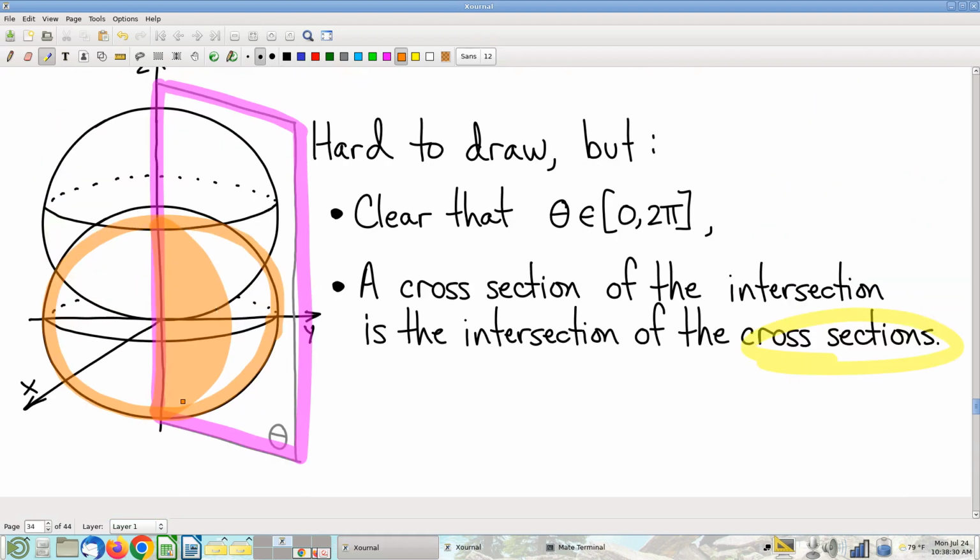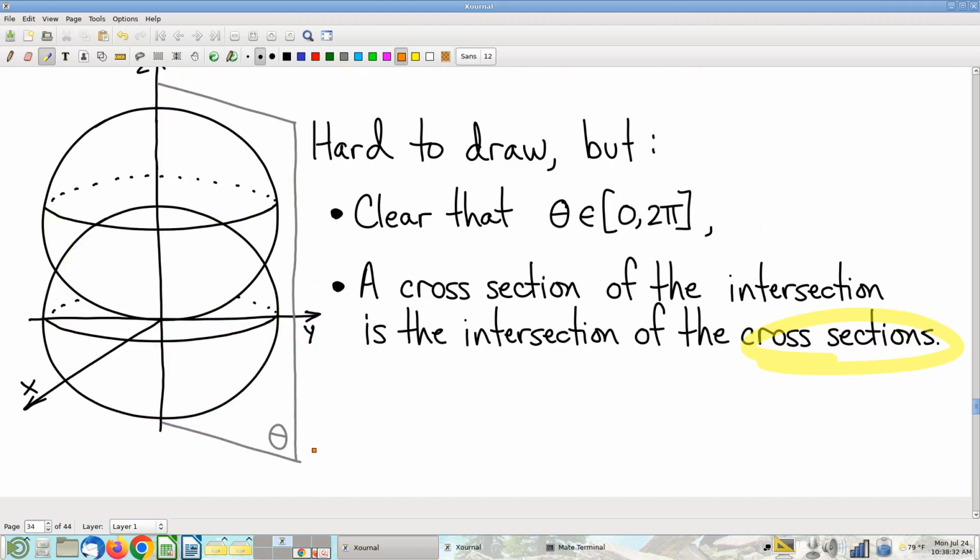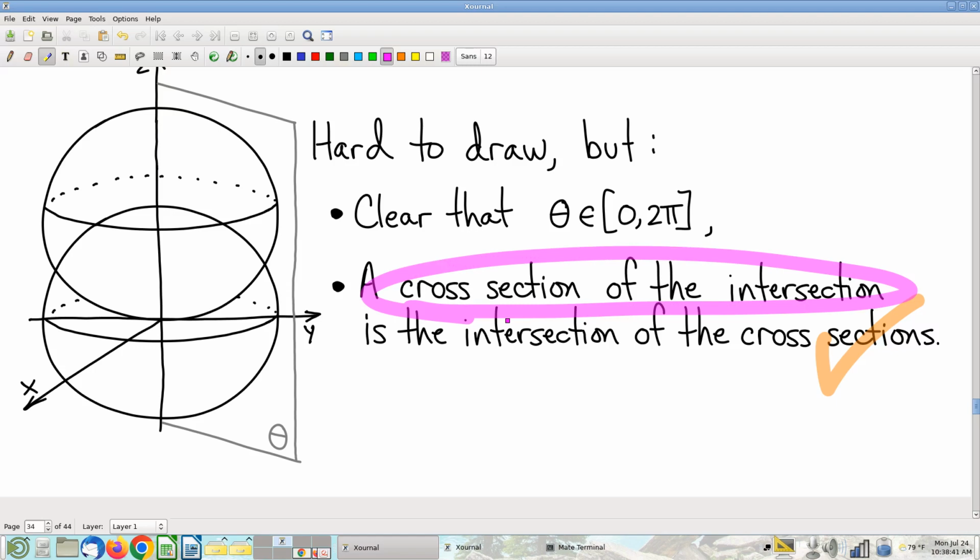So those are the individual cross sections. Again, notice those individual cross sections were easy to draw, nothing to it. And well, it remains that I'm trying to figure out how to take a cross section of the intersection, and I don't know how to draw the intersection itself very well.